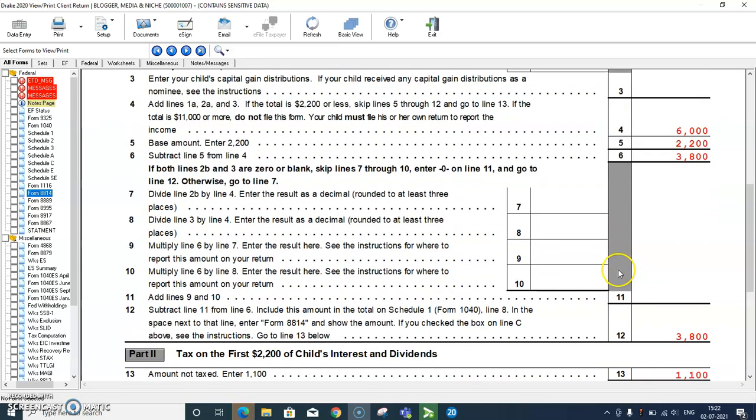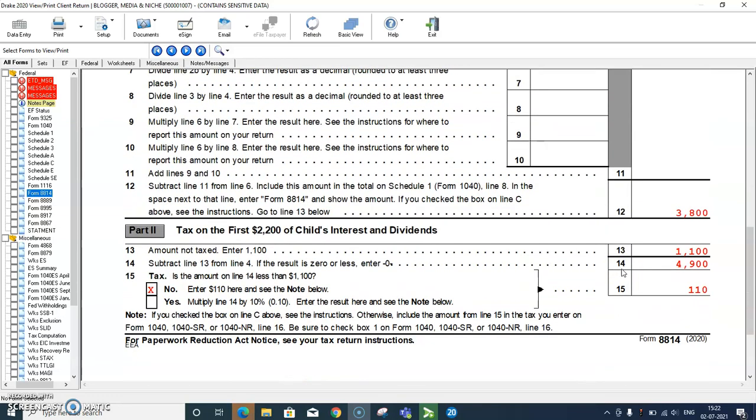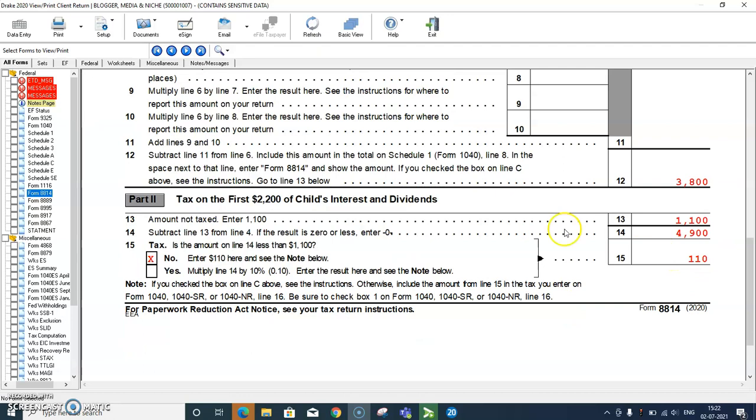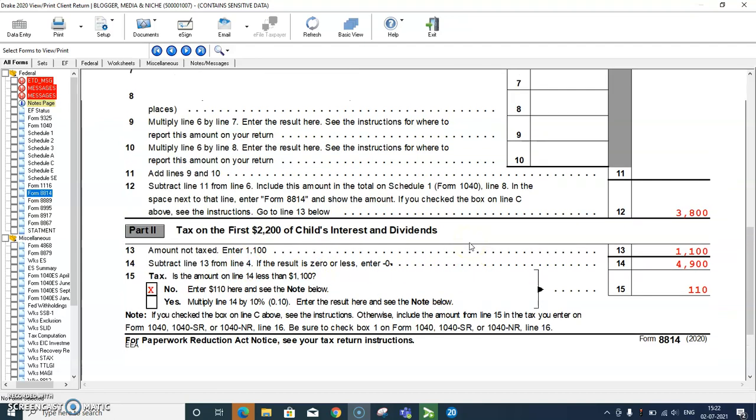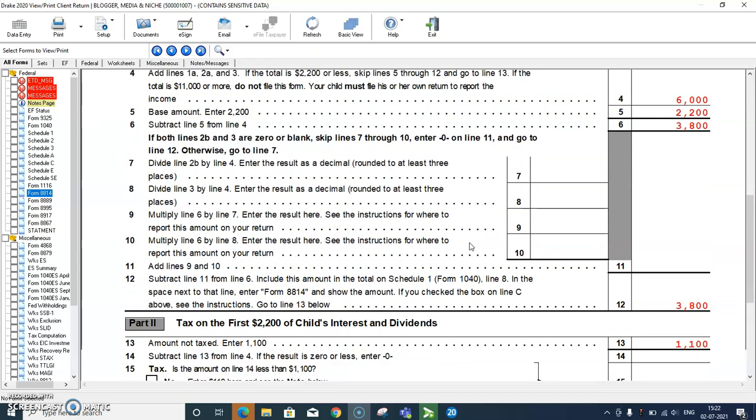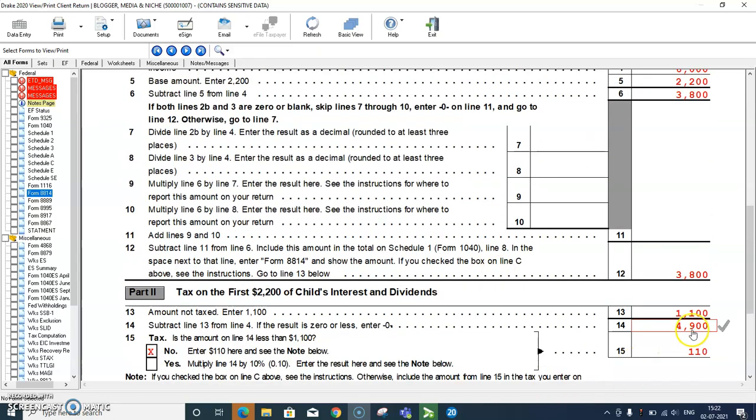Now in Part 2, line number 13, amount not taxed, entered $1,100. Subtract line 13 from line 4, which is $4,900.